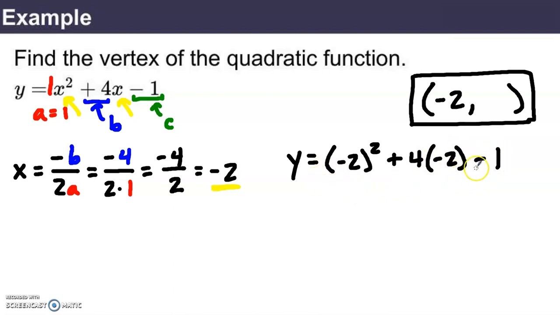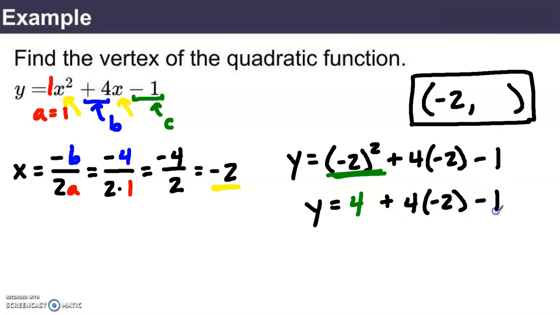And all I've got left to do to figure this out is to simplify the right-hand side using order of operations. So what's my very next thing to do? I've got a negative 2 to square. Negative 2 times negative 2 is positive 4. And now we're a little simpler.